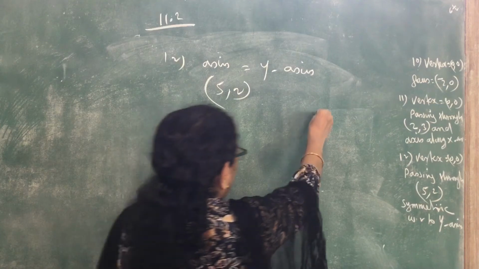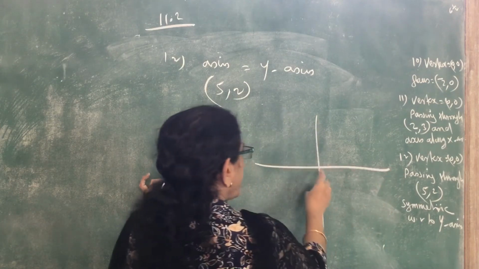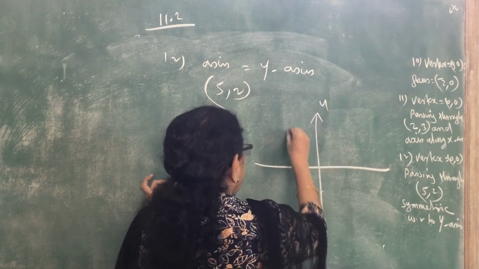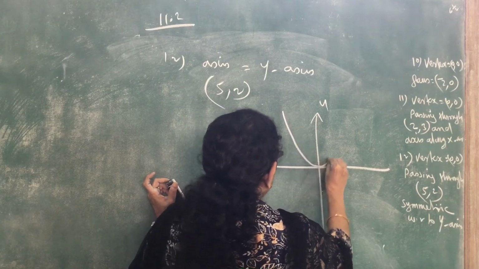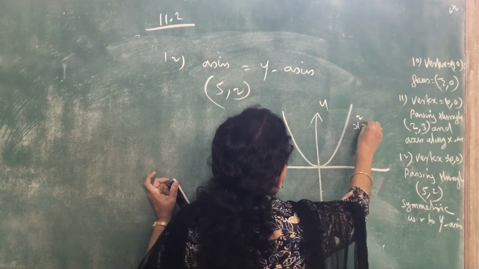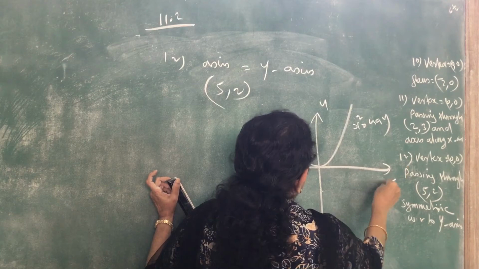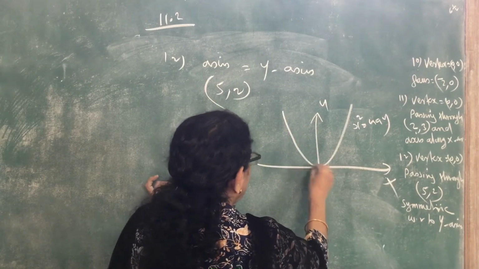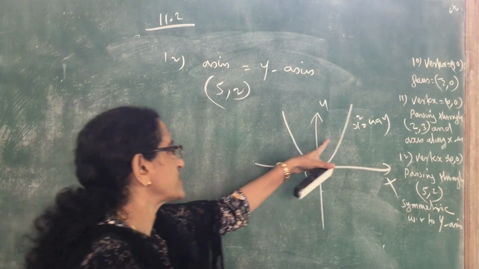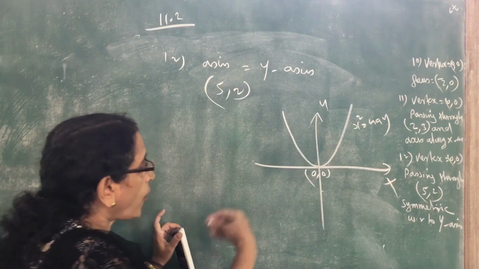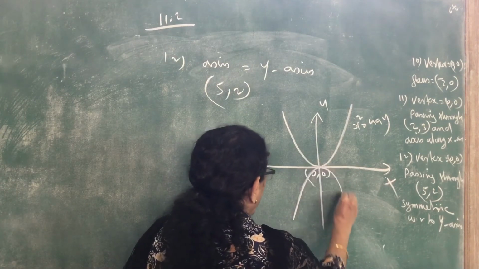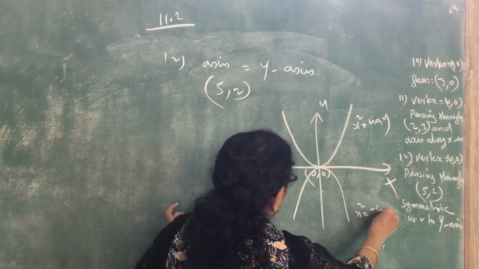The axis of the parabola is the y-axis for the parabola x square equal to 4ay, opening upwards, with vertex at the origin. And opening downwards, the equation of the parabola is x square equal to minus 4ay.